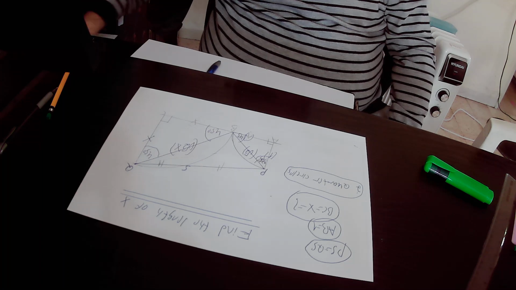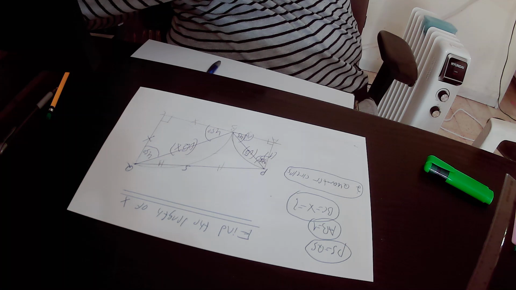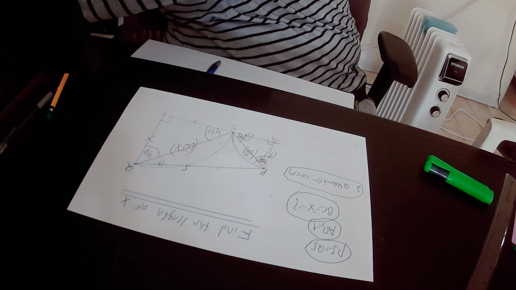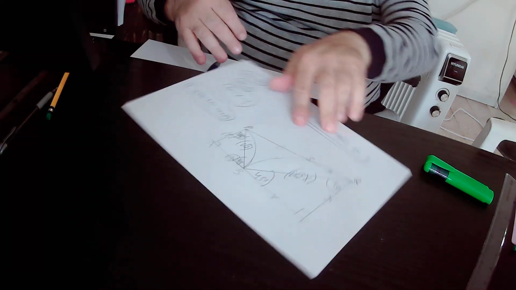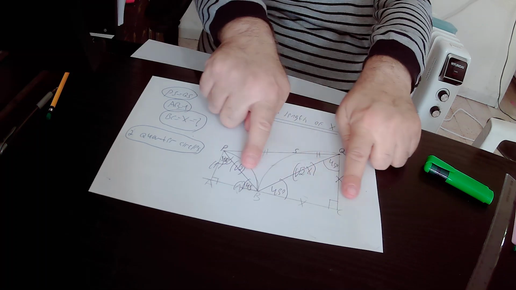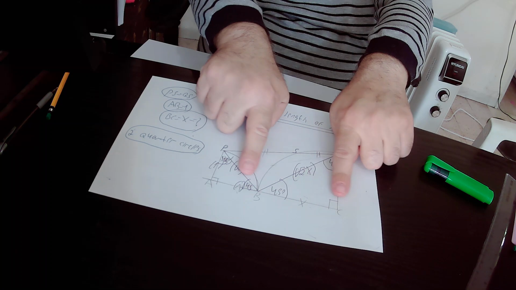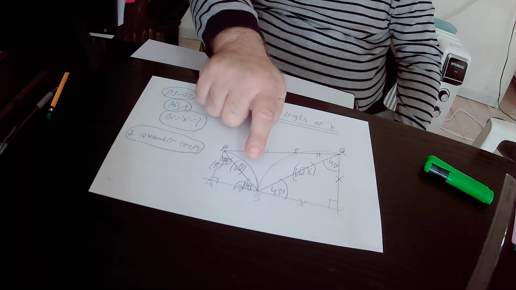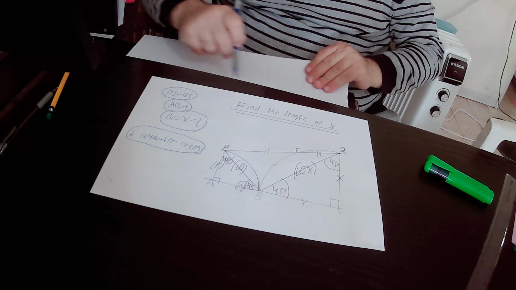You can actually implement rule number 3 in our drawing. Why? Because in our drawing we have the straight line AC. So if we focus on the upper side of the straight line AC at point B, the sum of the angles must be equal to 180 degrees according to rule number 3.